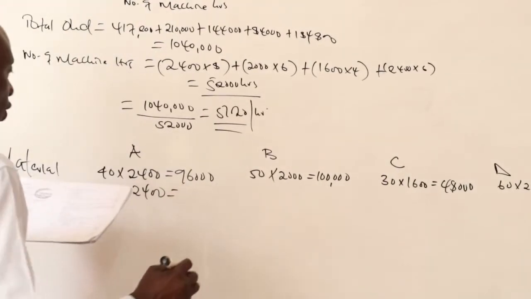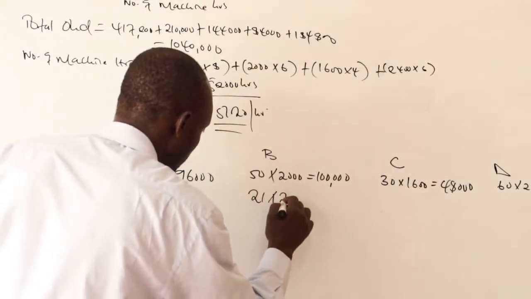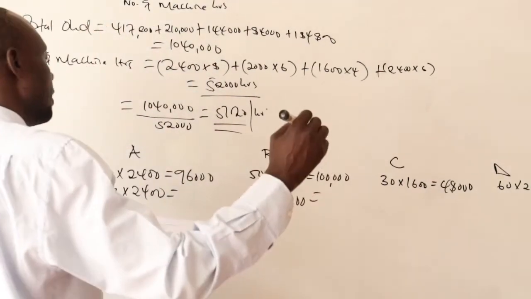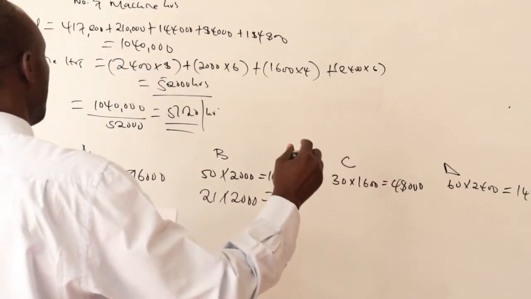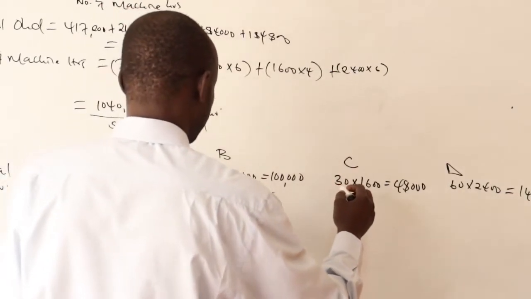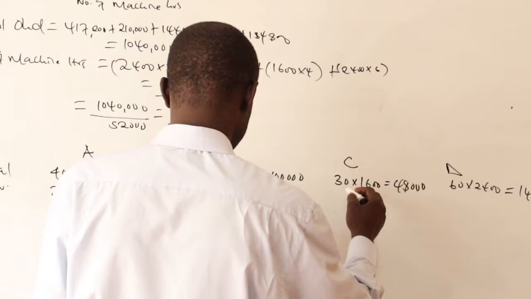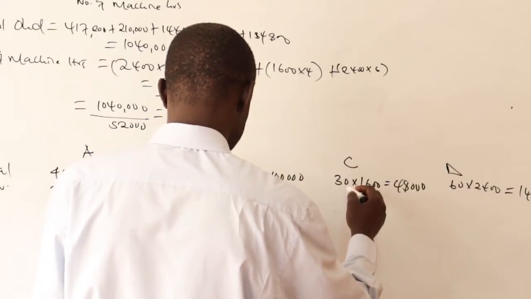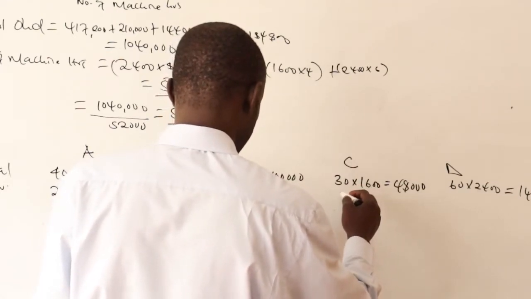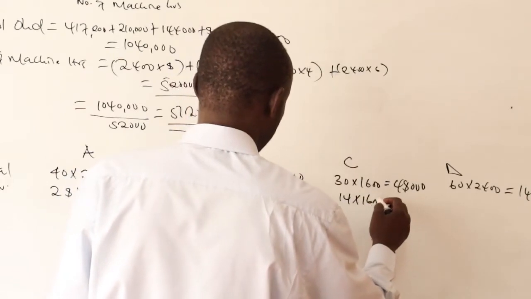The other one is 21. We're going to multiply 21 times 2,000. We get the units. And then we multiply 14 times 1,600.